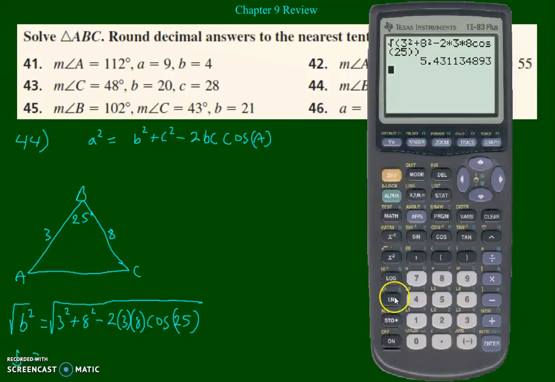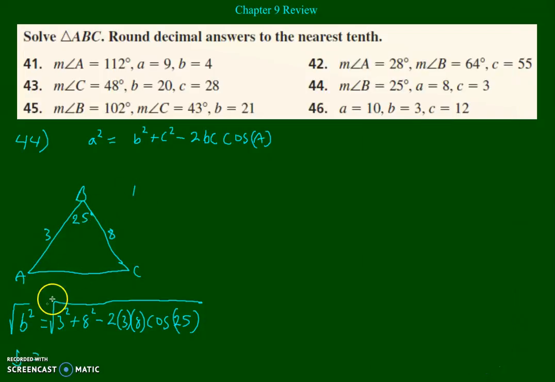So let's go ahead and store that in B, and we'll go ahead and write that in. So that's stored 5.4. Now that we have all our sides, we should be able to use the law of sines to go ahead and find one of the other angles.